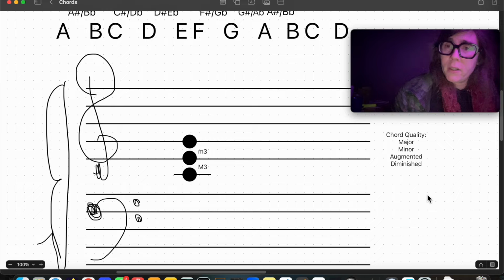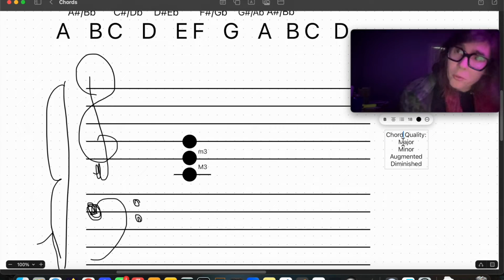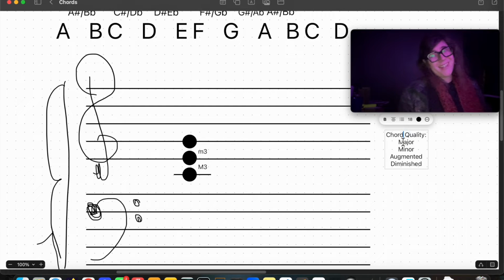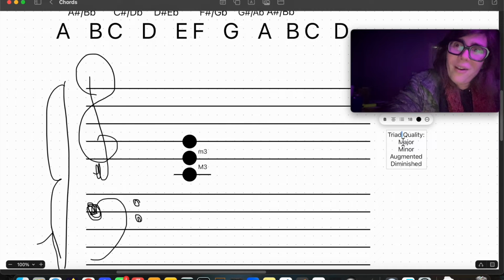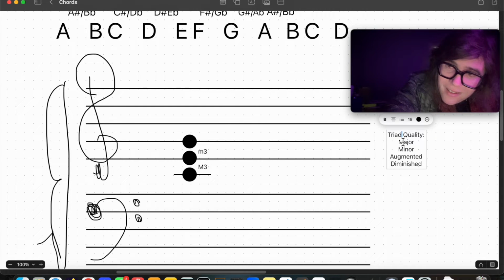And actually, I wanna be a little more specific here with my graph. So I'm saying chord quality because this video is not going to get into extensions. We'll do that the next time. I'm gonna just say triad. For now, they are still chords.